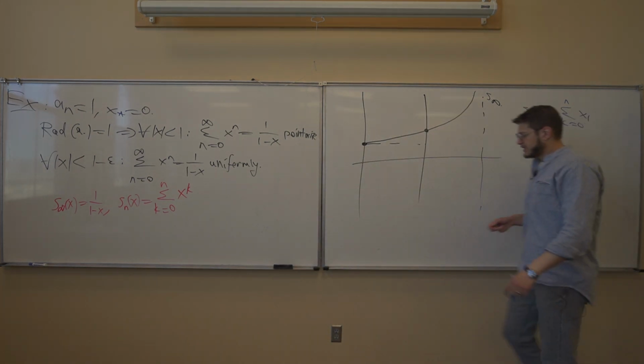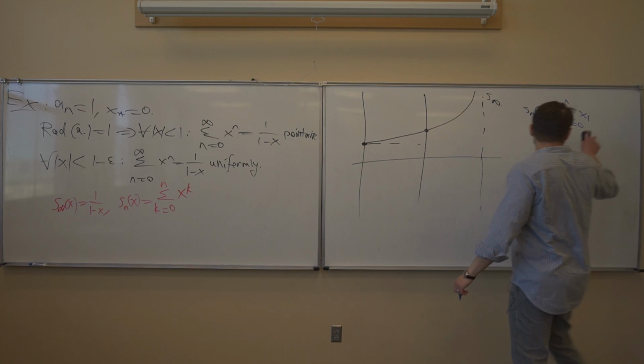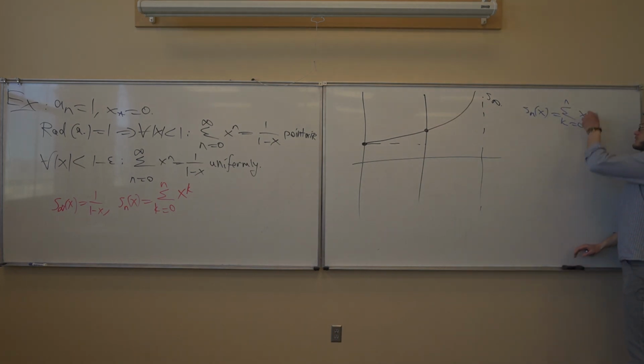So you have this. So this is 1 plus x squared all the way up to x to the n. But then I can multiply it by 1 minus x. And then I have to divide by the same thing so that I have equality.